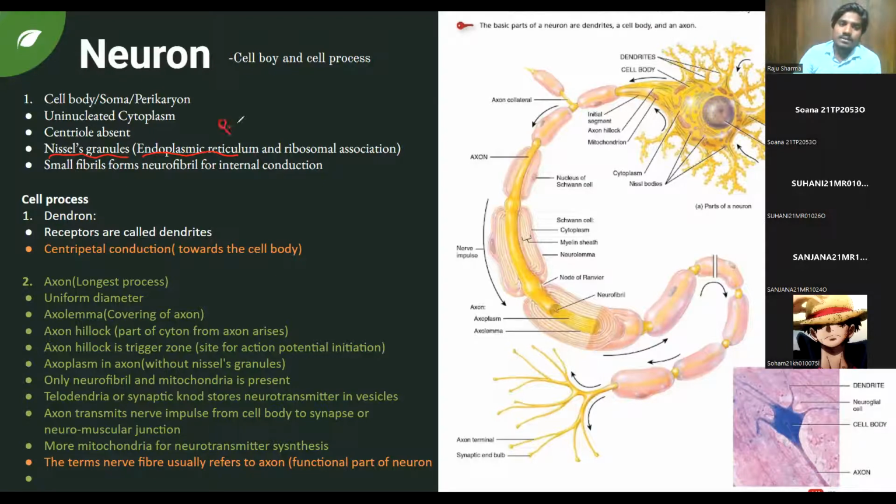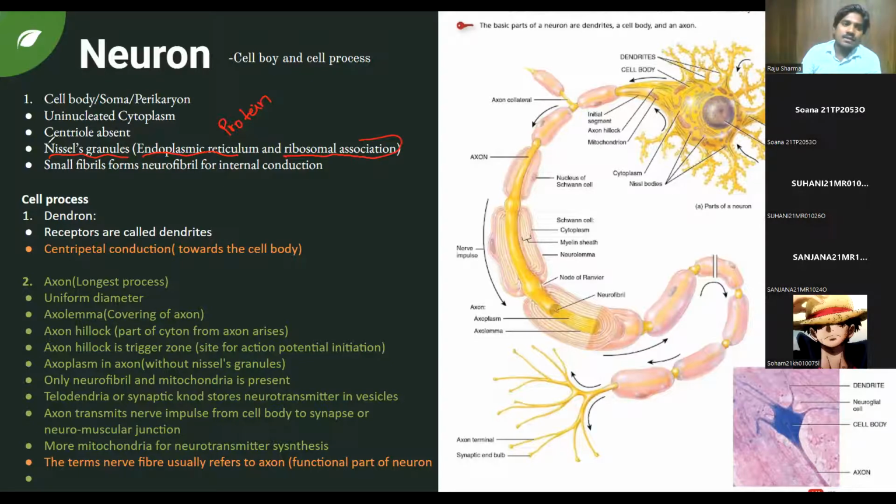It secretes specialized proteins, some chemicals, okay, some neurotransmitter also. Okay, so this endoplasmic reticulum along with the ribosome is called as what, Nissl's granule.